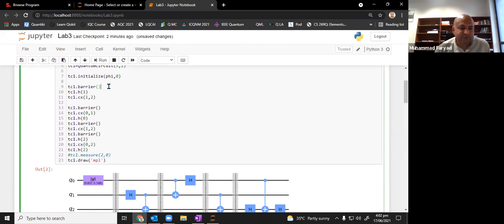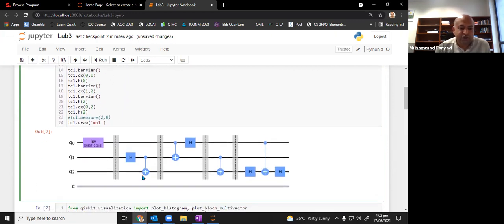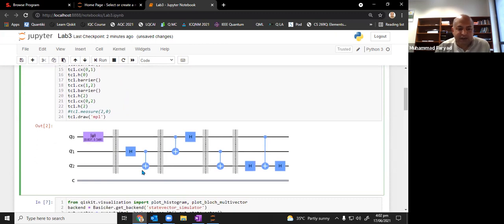And then I just put this barrier for visualization part. And now you see this first part, Hadamard and CX, this is just preparing a phi 00 state between qubit 1 and qubit 2. Okay, so this is the part that we just assumed in our analysis, that we have an entangled state shared between qubits A and B. So this is where I'm preparing it.